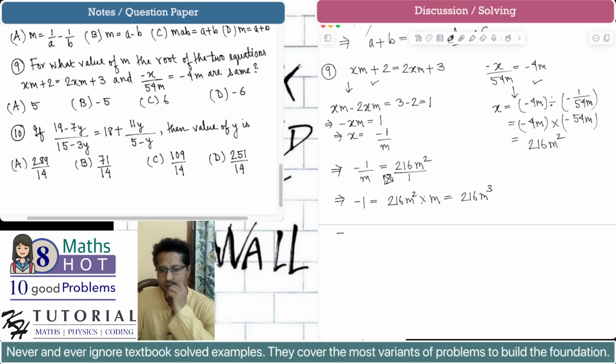This implies that m cube is equal to minus 1 by 216. We know 216 is 6 cube.